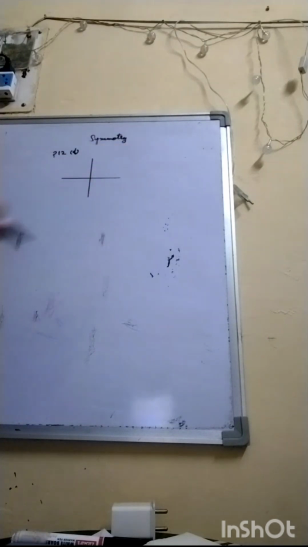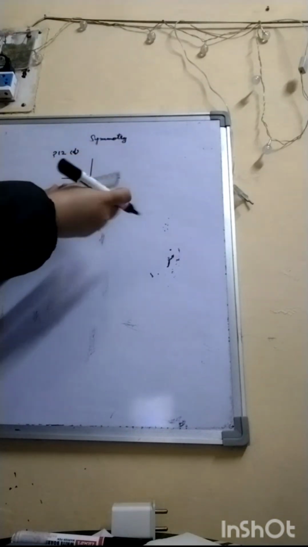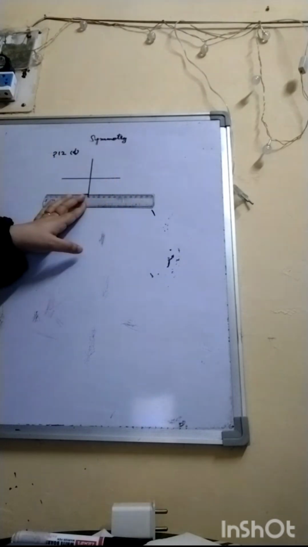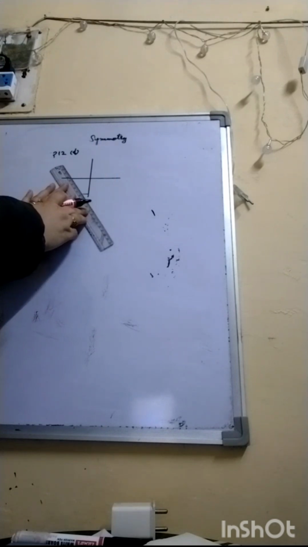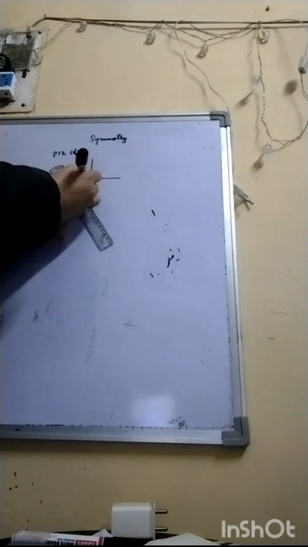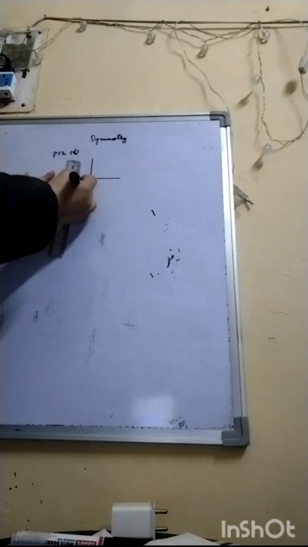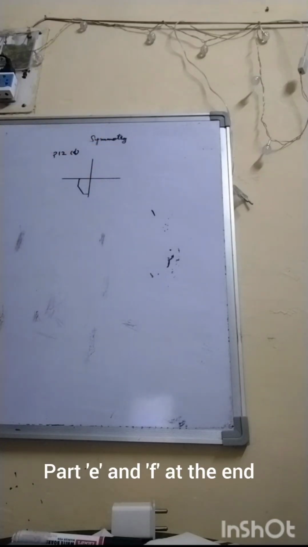This is the line of symmetry and the figure given is 1 centimeter horizontal, then 2 centimeter diagonal, so 2 centimeter almost diagonal, then 2 centimeter vertical. So now you have to complete this full figure so that the symmetry happens along the vertical line and symmetry happens along the horizontal line.